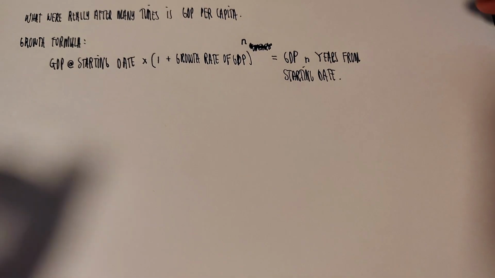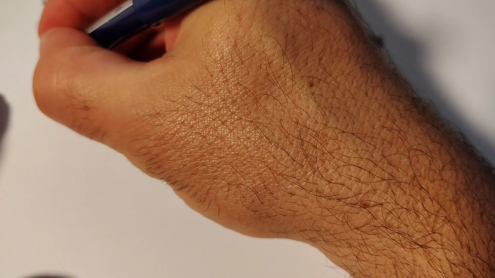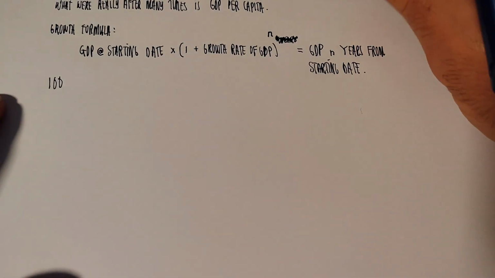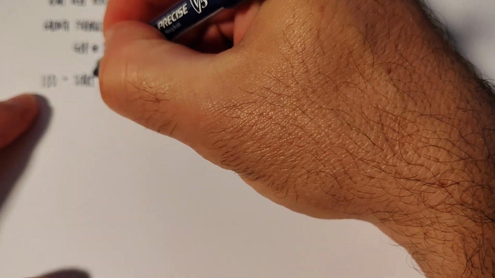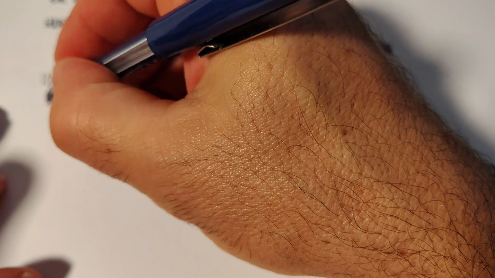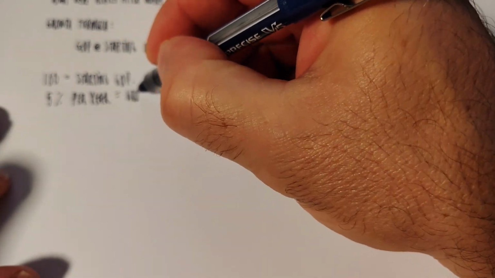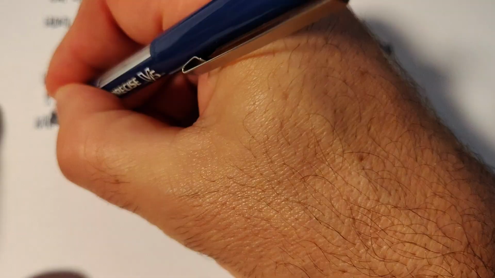So for instance, let's say the economy starts off at 100. That's GDP at the start, so that's equal to starting GDP. And the growth rate, let's say, is 5% per year. Well, what is GDP 10 years from now?